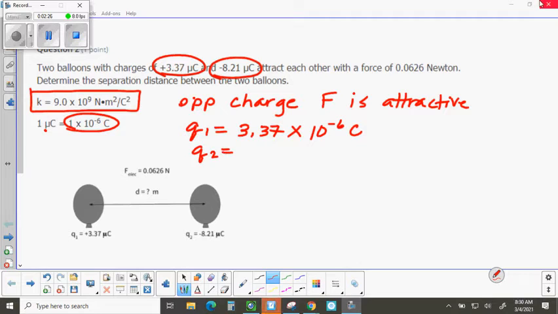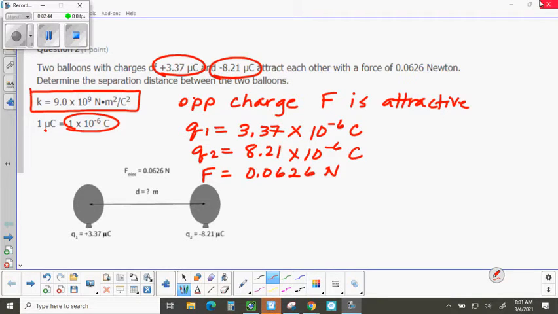Q2 is 8.21 times 10 to the negative 6 coulombs. And the force is 0.626 newtons.